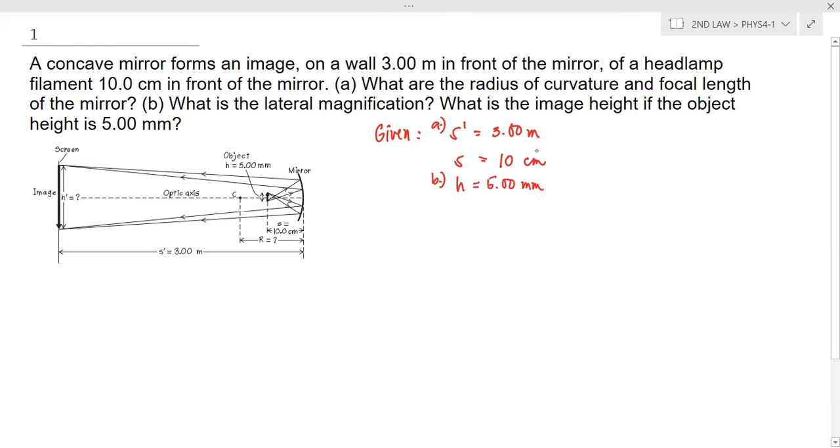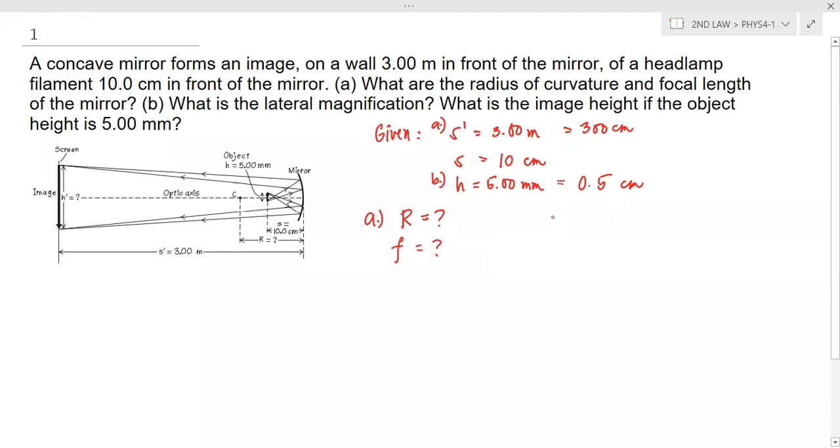So I will stick to centimeters and convert this. This is 300 centimeters. For the 5 millimeters, this is 0.5 cm.